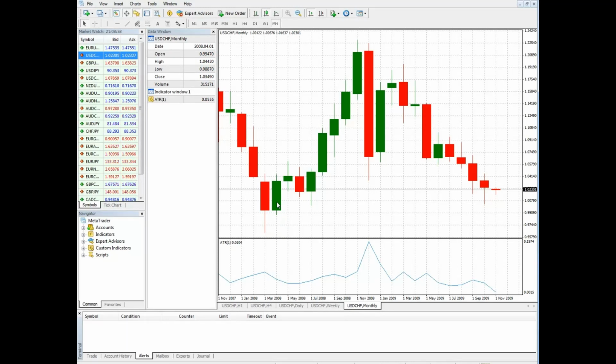Monthly trading on monthly charts, period, requires either a lot of capital, or scaling your trades, your lot size, such that you could take these particular types of trades.